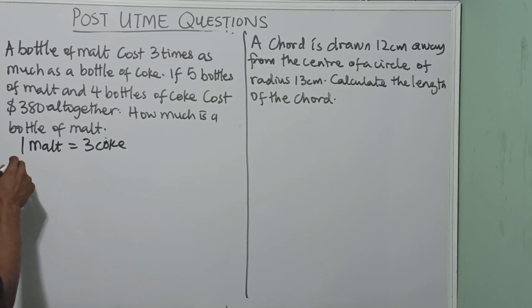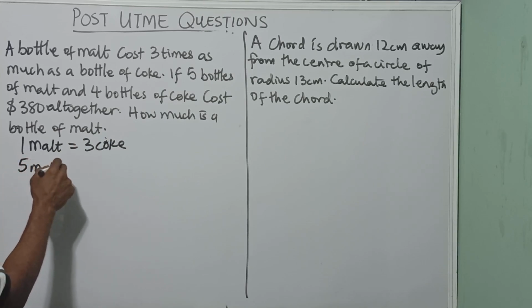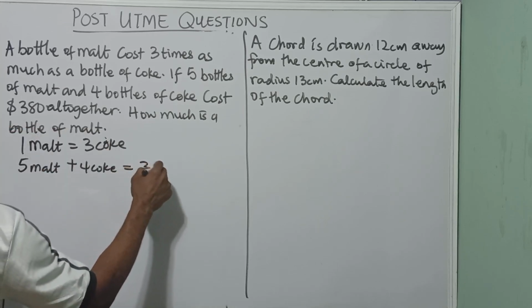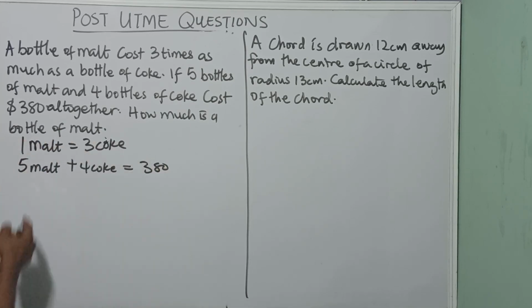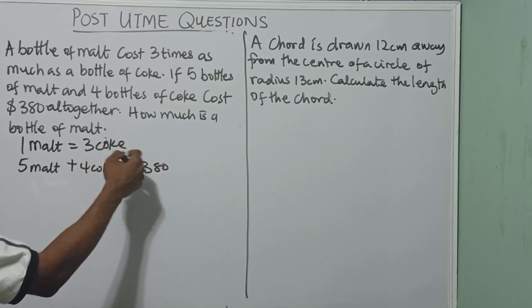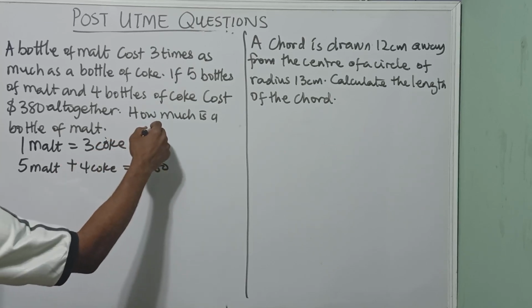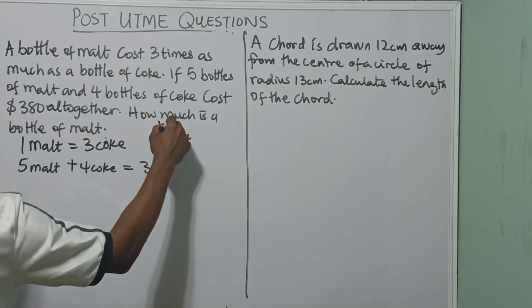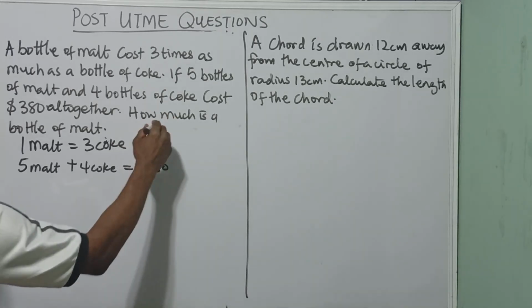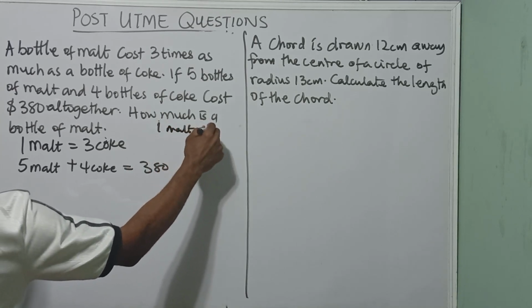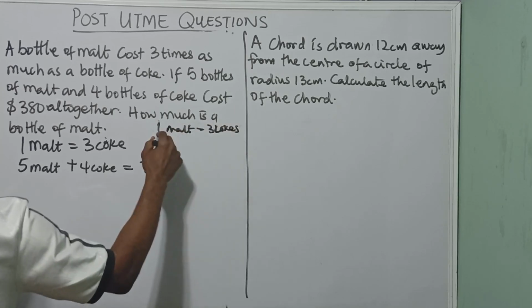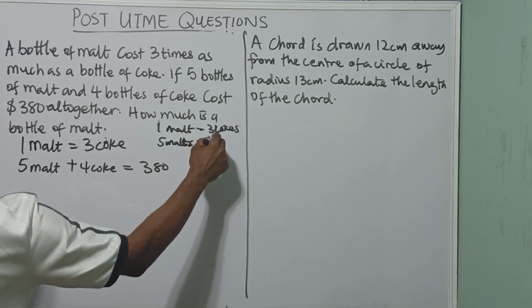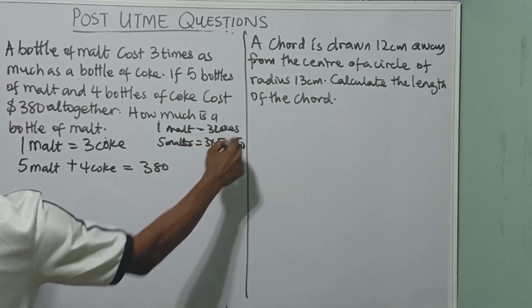Okay? And now we are told that 5 malts plus 4 Coke equals 380. Okay? And so from our first equation here, we know that if 1 malt equals 3 Cokes, then 5 malts equals 3 times 5 Cokes, which is 15 Cokes.